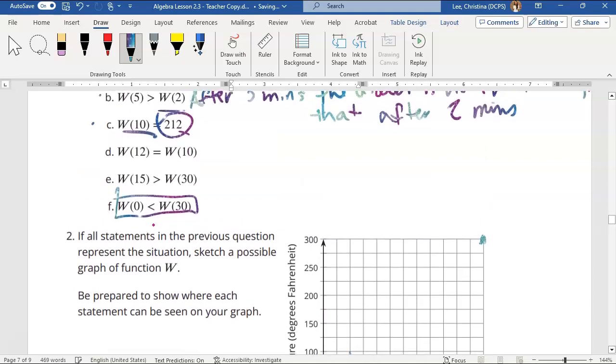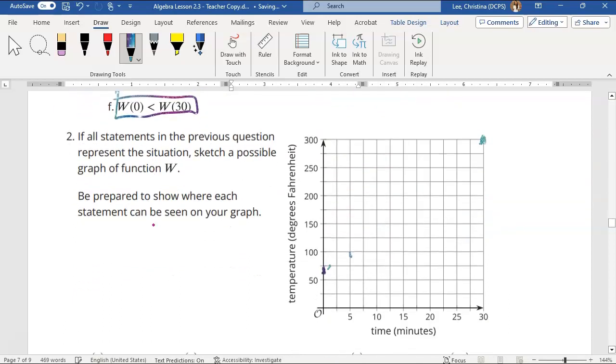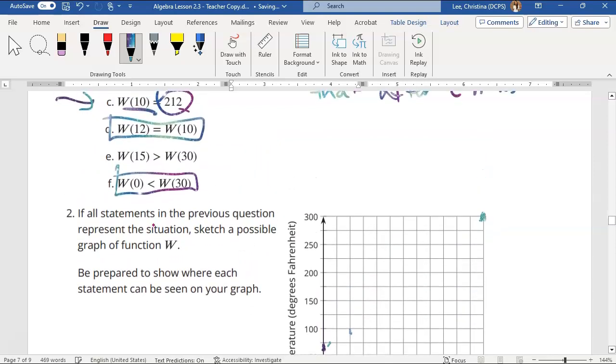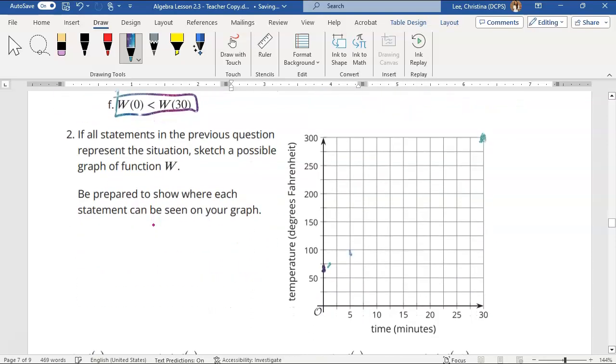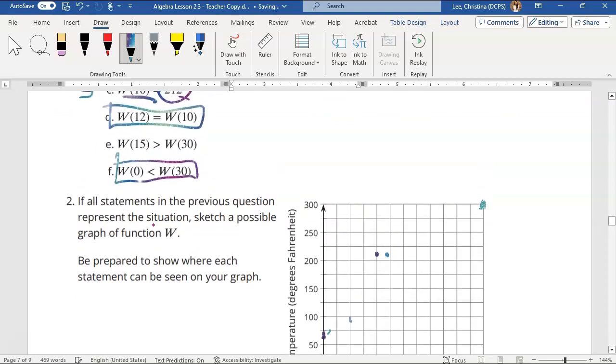Okay. 10 and 12 seconds later, it's the same. So if it's 212 at 10, it should also be 212 at 12. So 212 is here, and then at 12, also here. It's about the same.